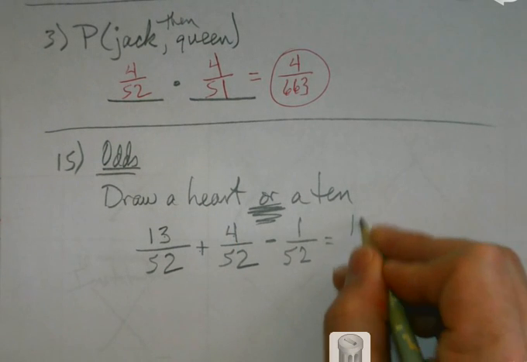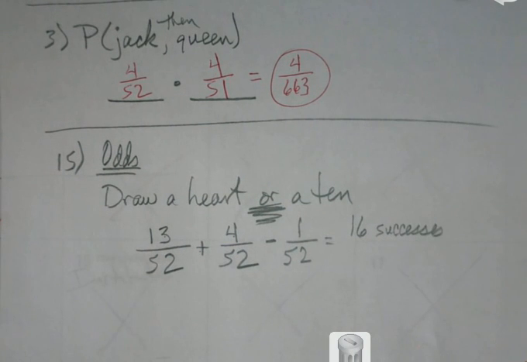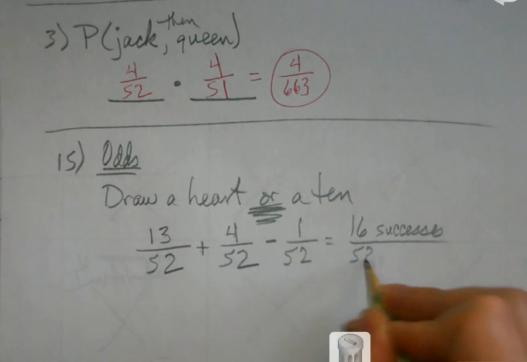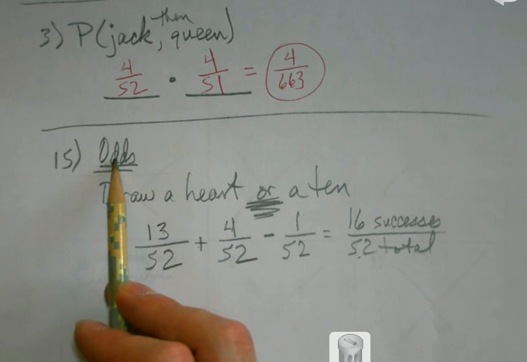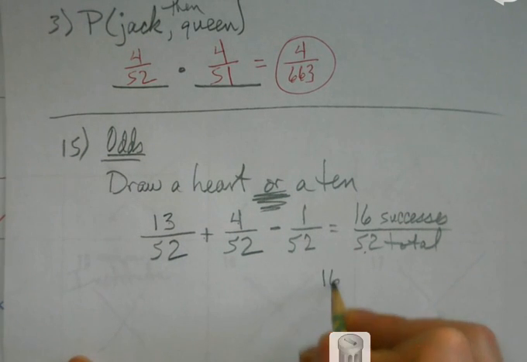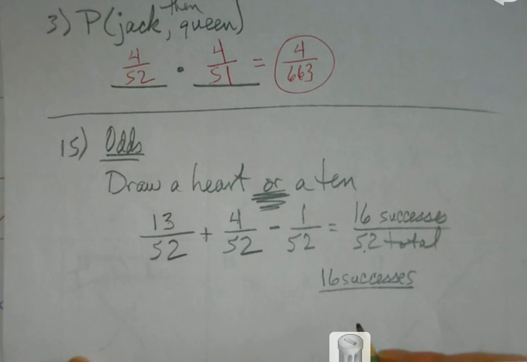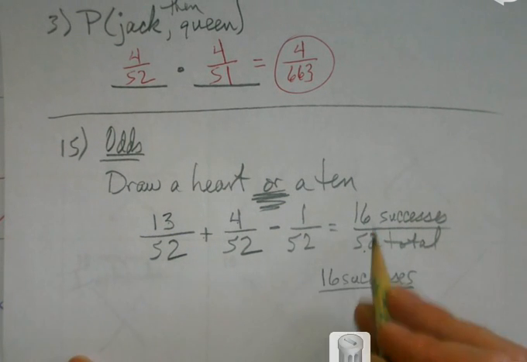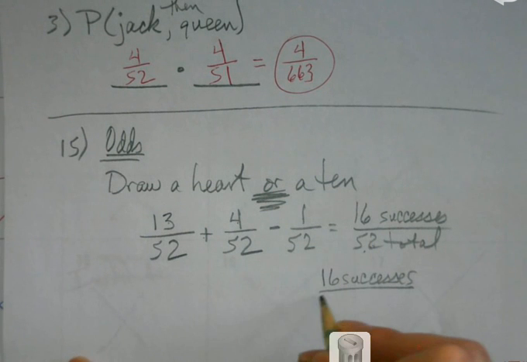Now here's the part I'm going to do right now. There's 16 successes. There's 52 total outcomes. But again, we're not doing probability. This would be my probability after I reduced it. But I want odds. So I have 16 successes. How many failures do I have then? 52 total, 16 successes, 36.